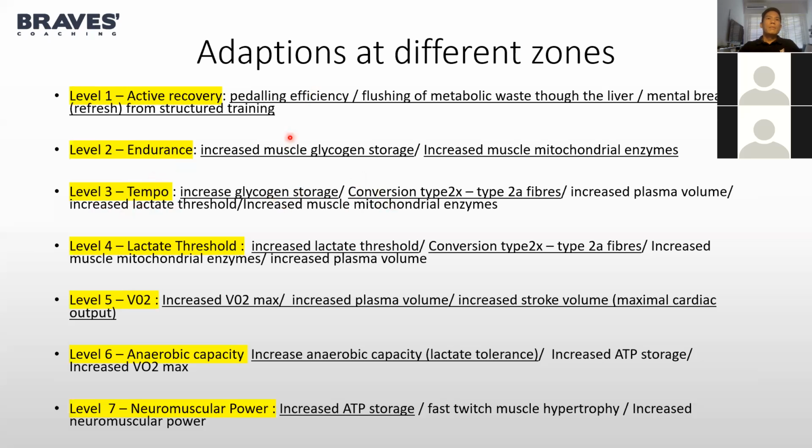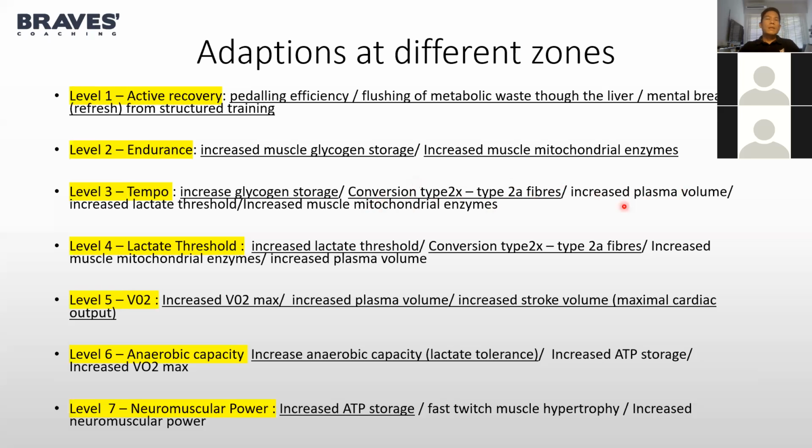There's a bit of overlap here with the glycogen storage, but important to note is the conversion of type 2X to type 2A fibers. The next slide will give you info about muscle fiber types, and this conversion is an important goal in our training as endurance athletes.